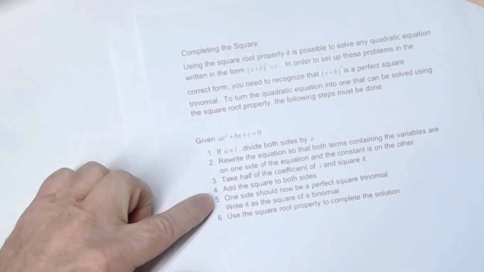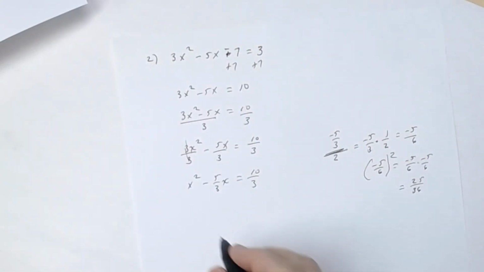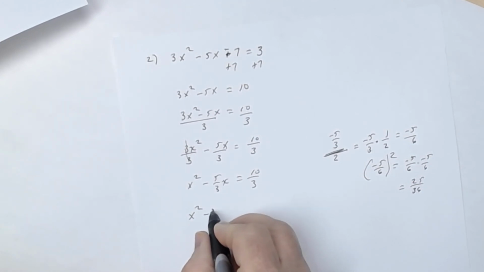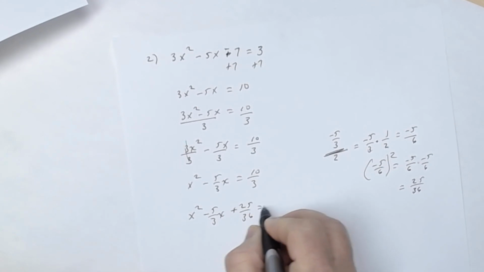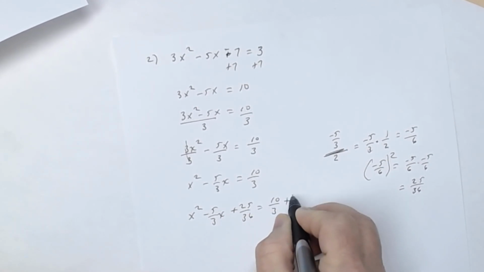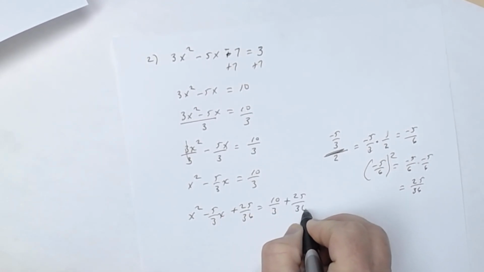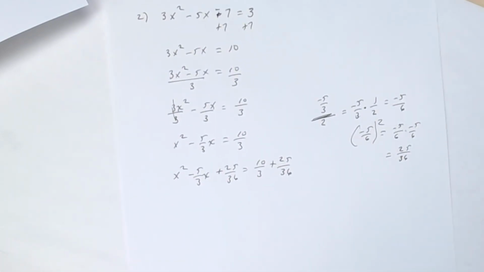So that was the next step. Step 4 is to add to both sides. So I get x squared minus 5/3 x plus 25 over 36 equals 10 thirds plus 25 divided by 36.